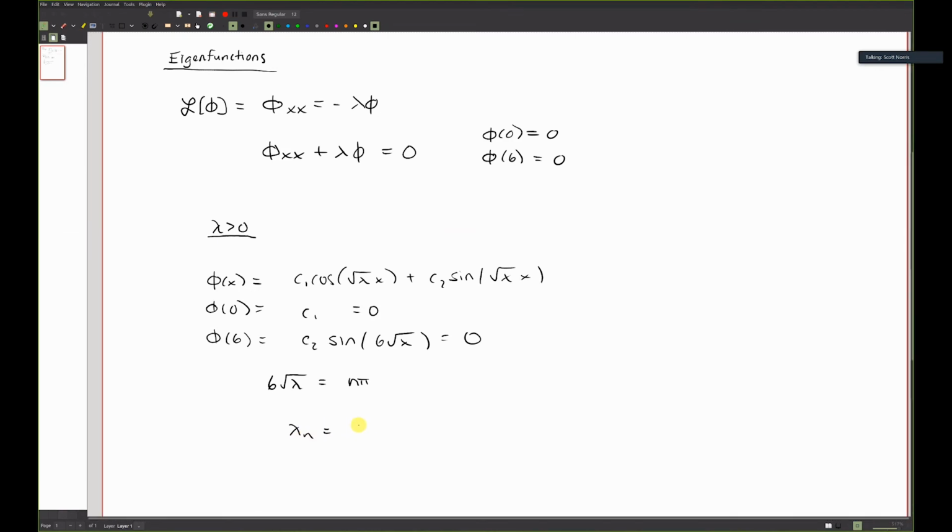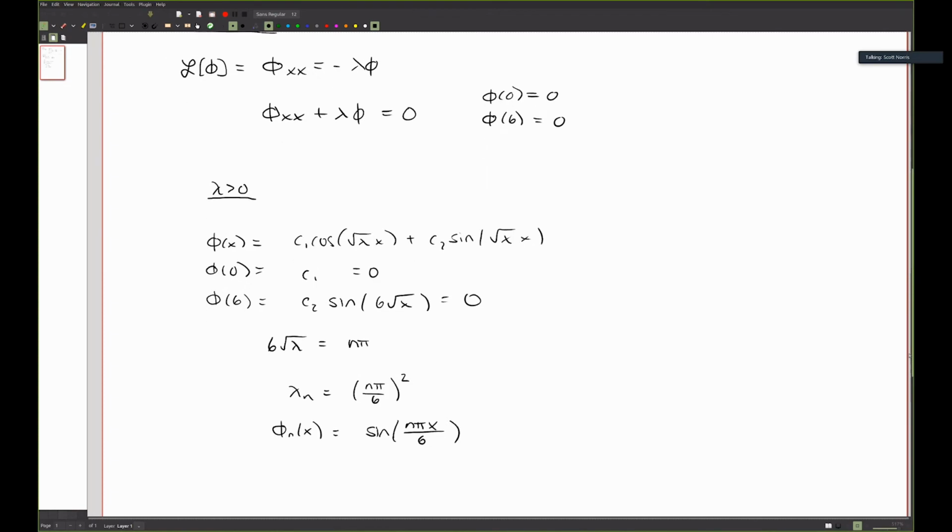Lambda n equals n pi over 6 quantity squared, and phi sub n of x equals sine n pi x over 6. So just the 6 in the denominator here inside the eigenfunctions. Everything else is the same.